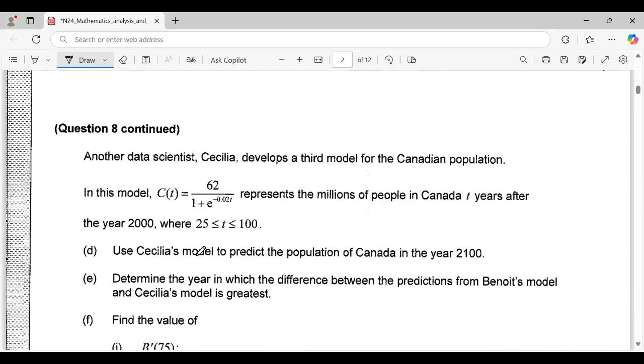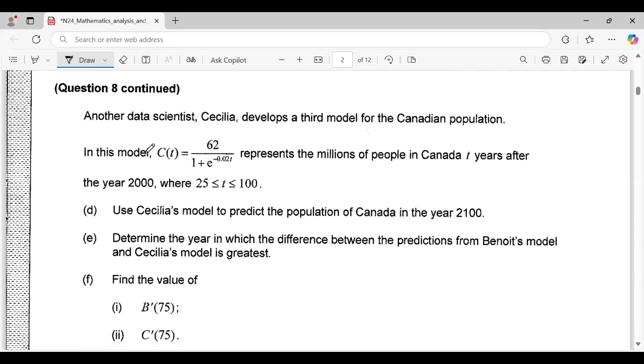It is a model with Cecilia's formula or function, C(t) equals 62 over 1 plus e to the power minus 0.02t, representing the millions of people in Canada t years after the year 2000, where t is between 25 and 100.